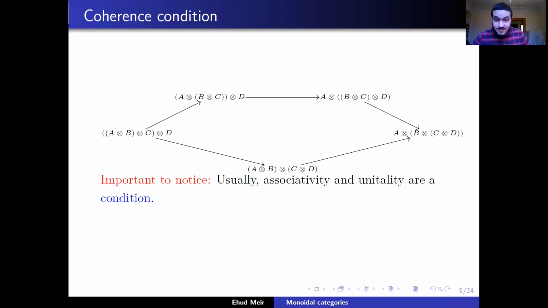So important thing to notice here is that usually when, let's say, we speak about groups or about rings or anything like that, associativity and unitality are just a condition. Like you just say that in a group (A times B) times C is equal to A times (B times C). And here, what happens is that they are also a structure because we really need to give the specific isomorphism. And this makes everything more complicated. We need this diagram to be commutative. So in a way, we got into one level higher of a condition.